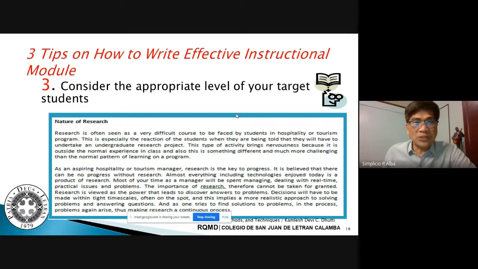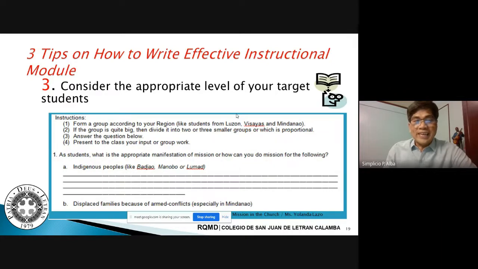In our sample module here by Miss Duty, the lesson on research is clearly intended for aspiring hospitality or tourism managers or for students undergoing research writing. And even in designing a group activity, just like in the module on Letranite code by Ms. Lasso, the target students and their appropriate level are considered.